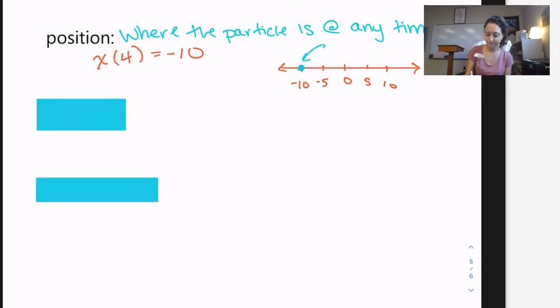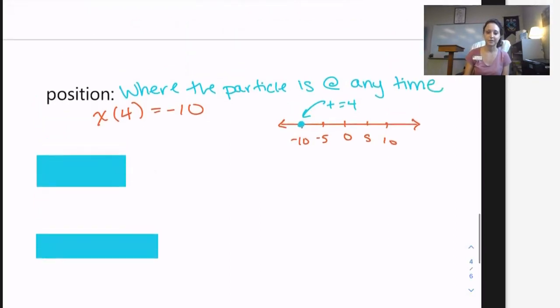Okay, so when time is 4, my particle is at negative 10 on the x-axis. Okay, it's glued to the x-axis. It cannot move up or down. It's just moving in one dimension. Okay, so that's position, where we are at any given time.